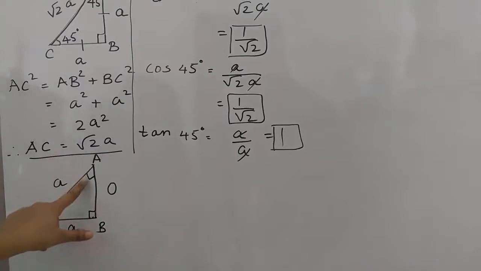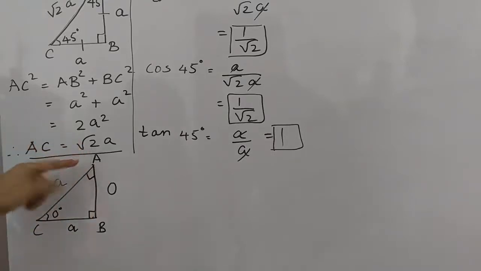So opposite to this 90 is A and opposite to this 90 also I have taken A. And opposite to 0 degree, that is 0. Why? Because this hypotenuse will coincide with BC, meaning there is no AB line. We have to think all this. This is not actually possible, but we are thinking all this to get our 0 degree and 90 degree values.